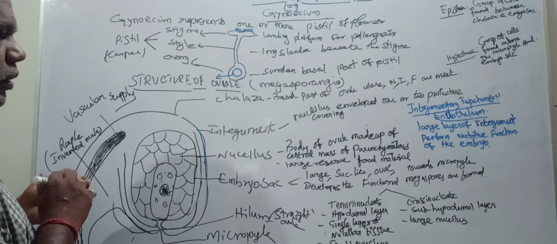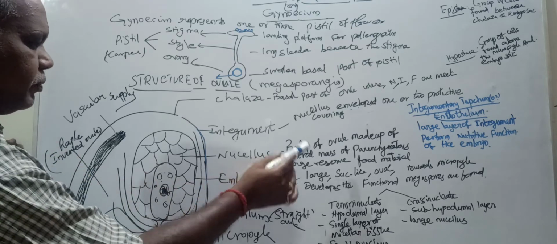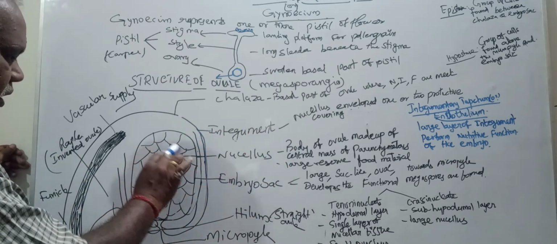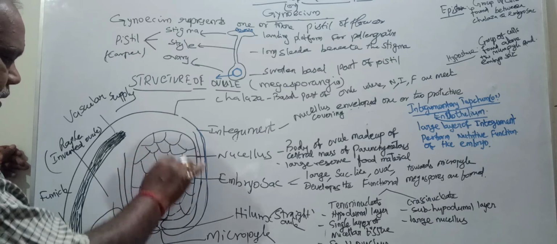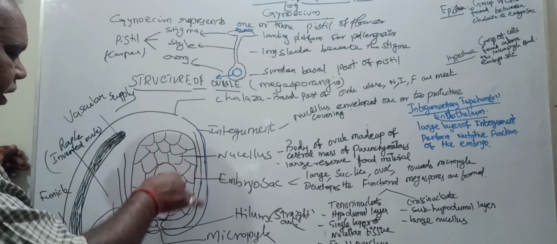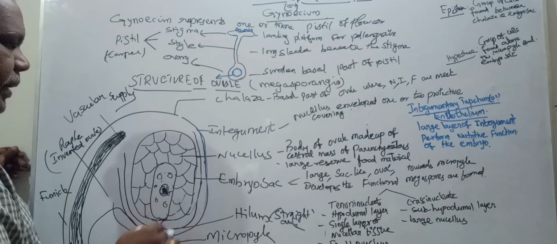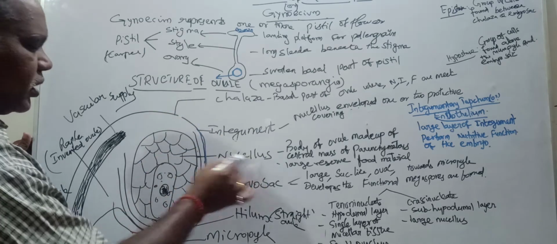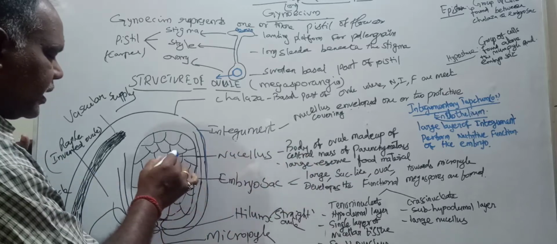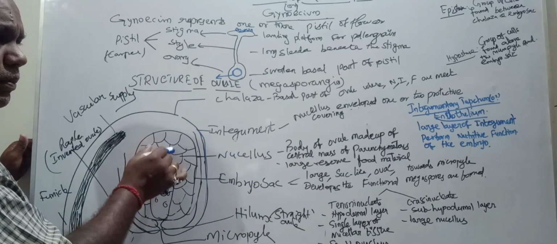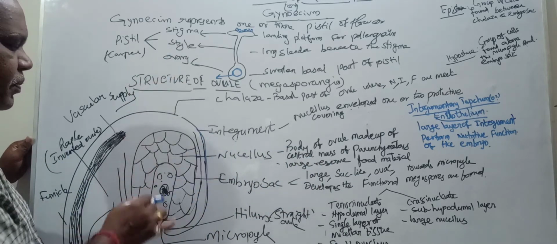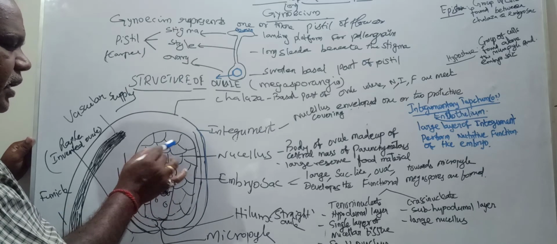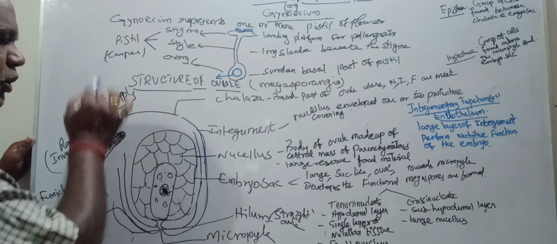It is the body of the ovule made up of a central mass of parenchyma tissue. It contains large reserve food materials. What is the main function of the nucellus? It gives nourishment to the embryo sac.